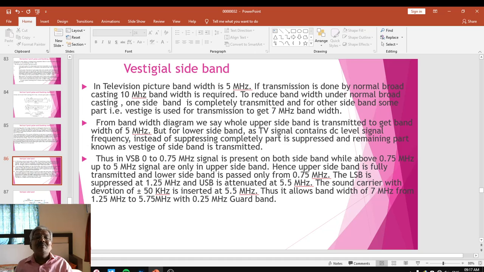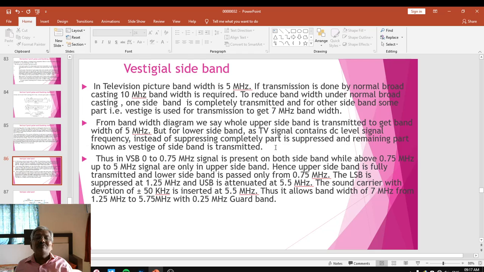What exactly is done? From the bandwidth diagram, the whole upper sideband is transmitted to get 5 MHz, but for the lower sideband, as the television signal contains DC level signal frequency, instead of suppressing it completely, part is suppressed and the remaining part, known as a vestige of the sideband, is transmitted.